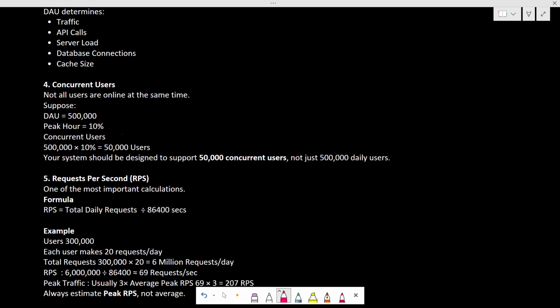So this number is extremely important because the architecture must be designed to support concurrent users, not just total daily users. So load balancers, application servers, databases, and caches are all sized based on the concurrent traffic. So your system should be designed to support these 50,000 concurrent users, not just 5 lakh daily users.